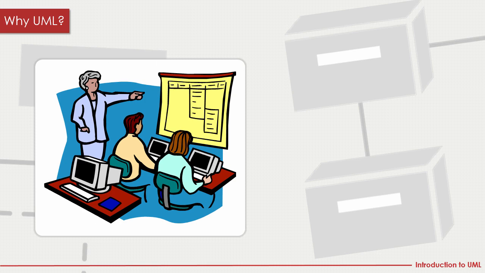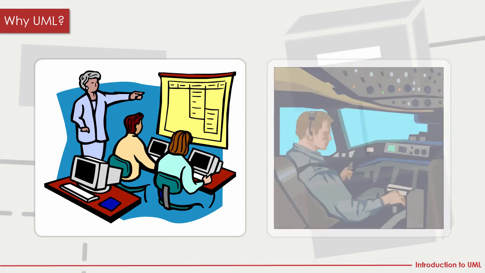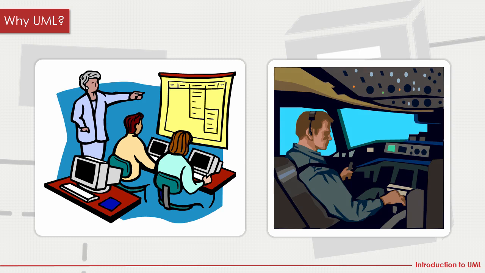So the UML is good for designing very common applications with user interface, a menu, buttons, filling in forms, and workflow applications, or even very complicated applications like airplane systems.